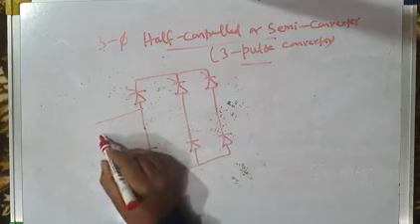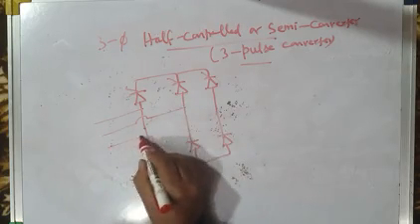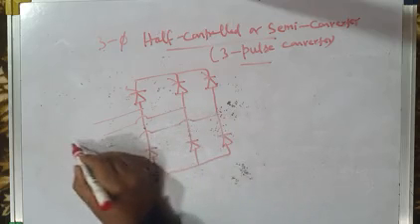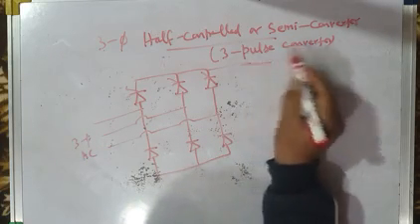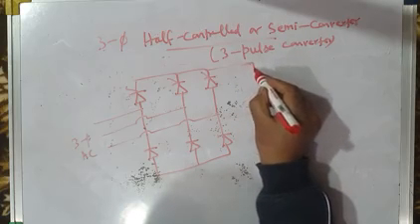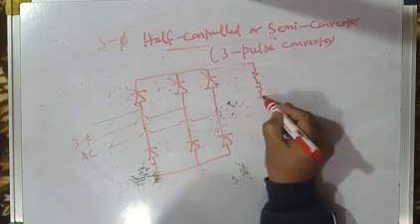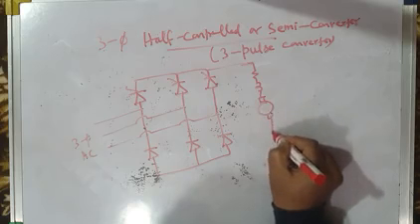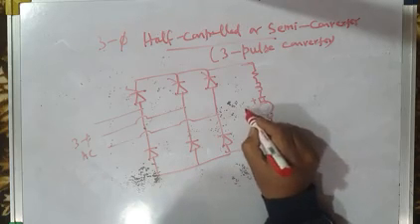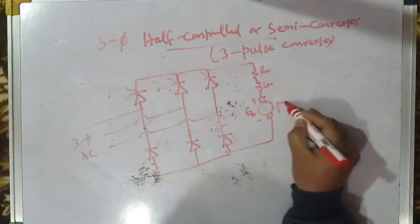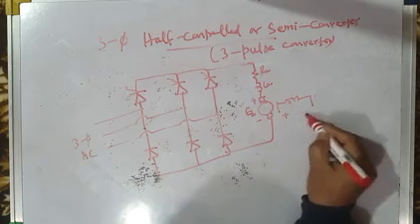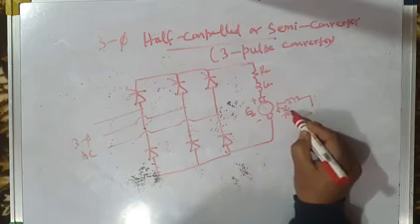This is the three-phase AC supply. It may be given directly or through a step-down transformer. This is the output, where you connect the motor across the DC bus. This is the back EMF of the motor, the armature resistance RA, armature inductance LA. This is the field winding with field current IF, which is equal to rated current.